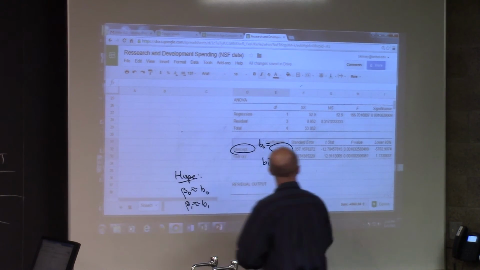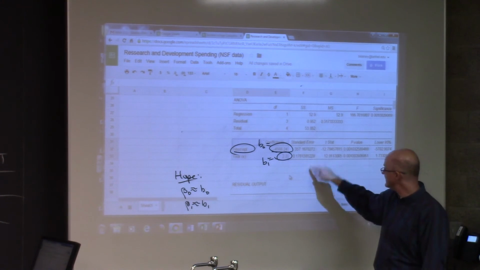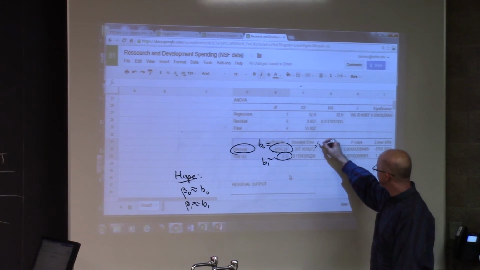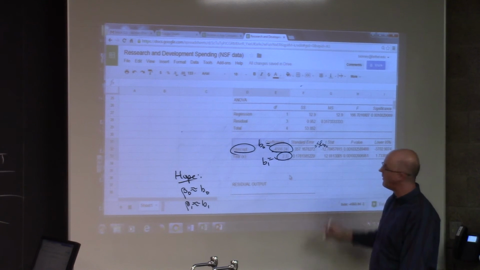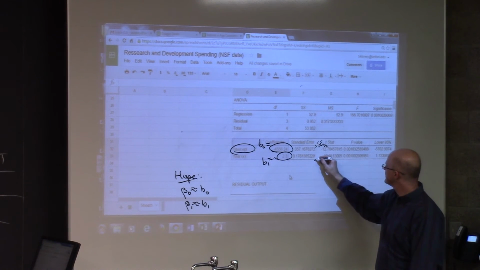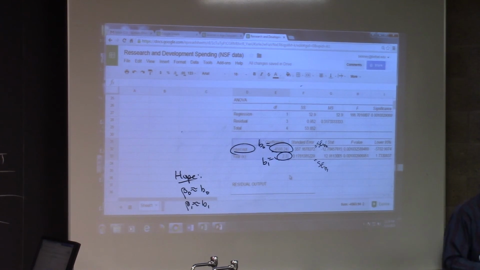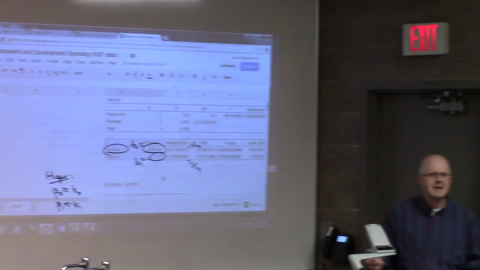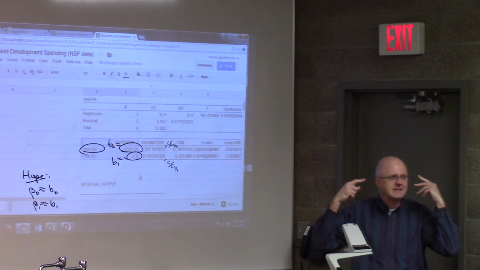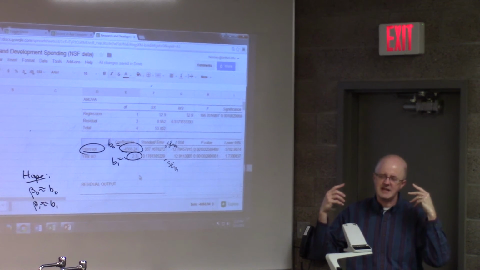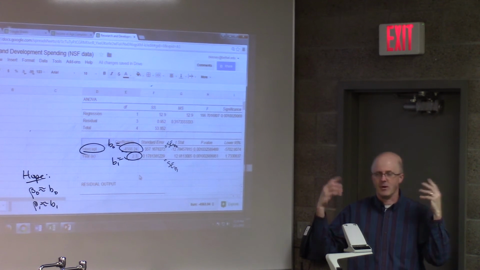Hey, look at the standard error. Those are standard errors. What are these standard errors for? This is SE sub B0. And this is SE sub B1. Those are standard errors of B0 and B1. What does that mean? Always remind yourself of these things. Standard errors. They're supposed to estimate the standard deviation of the sampling distribution. What are sampling distributions?